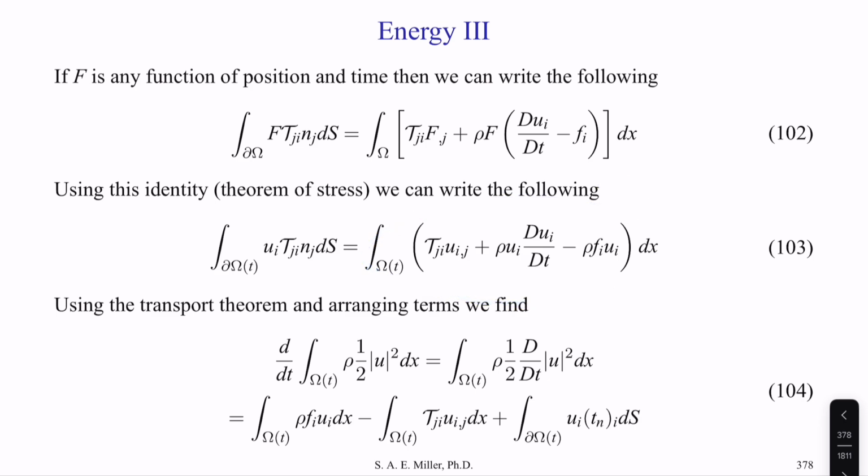The transport theorem, which we showed on the previous slide, we can use to rewrite the kinetic energy as a volumetric integral of the material derivative of the kinetic energy, with the body forces, the stress, and the velocity stress. We'll define capital tau ij in the next slide.